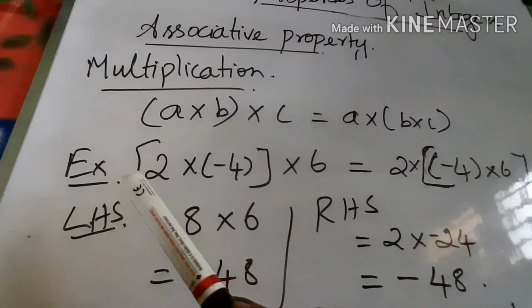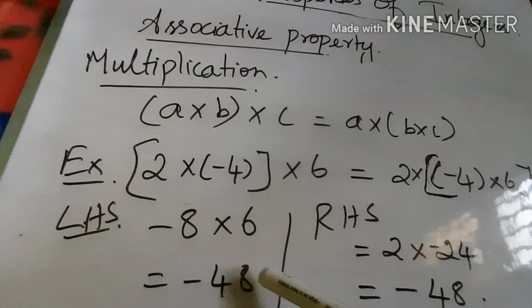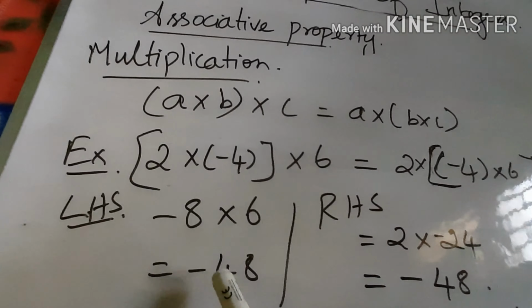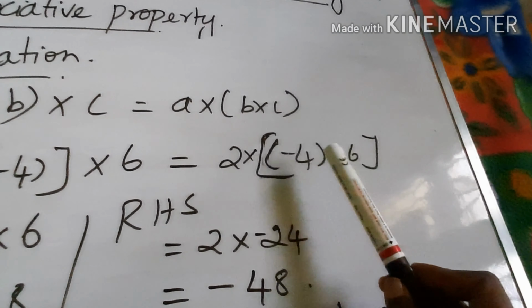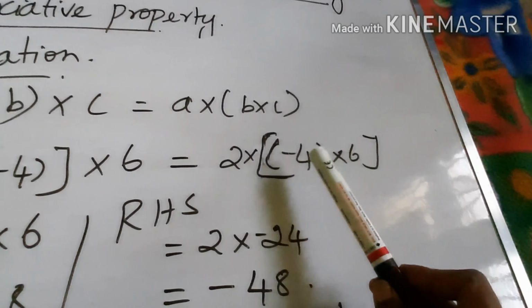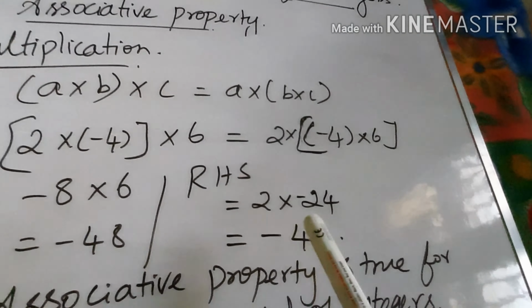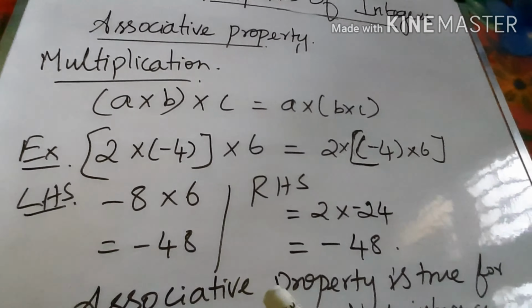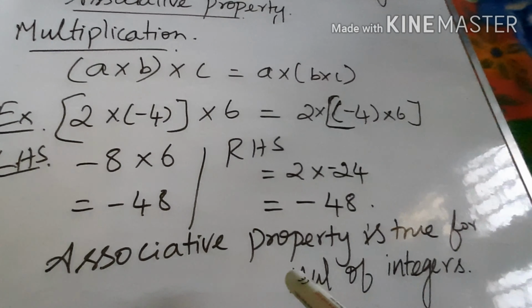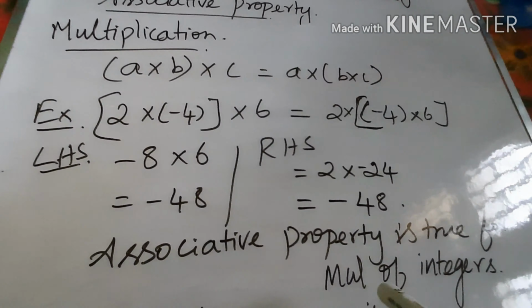First, multiplying -4 and 2, you get -8, and multiplying by 6 you get -48. On the other side, multiplying -4 and 6 you get -24, and multiplying by 2 you get -48. So both sides are -48, and we conclude that the associative property is true for multiplication of integers.